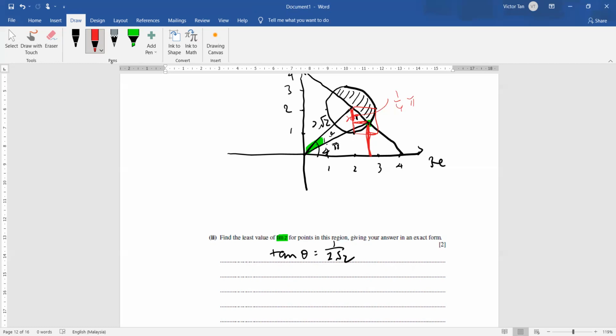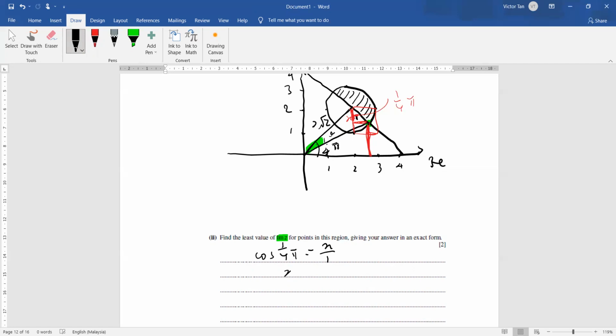Okay, so I'm going to change this a bit. So it's cos of 1/4 pi equals x over 1.